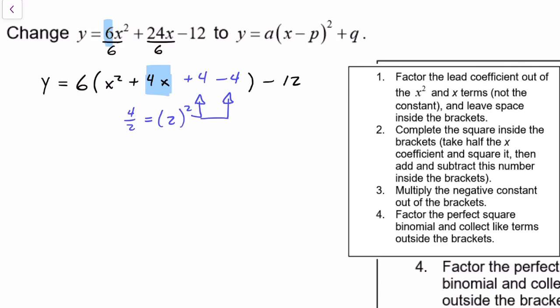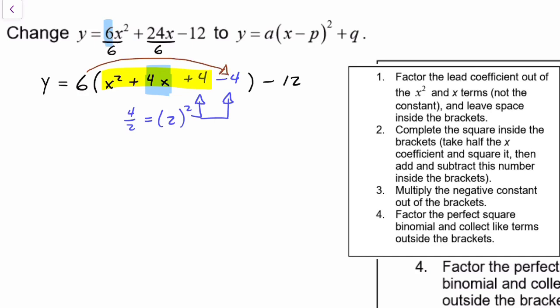But what happens is the x squared plus 4x plus 4 is a perfect square trinomial. So those three terms will always make a perfect square trinomial, and it's this minus 4 that is kind of an oddball. Whatever the negative one is always not part of the perfect square trinomial, so we've got to get it out of the brackets. To get it out of the brackets, multiply it by the coefficient in front, and it'll come out.